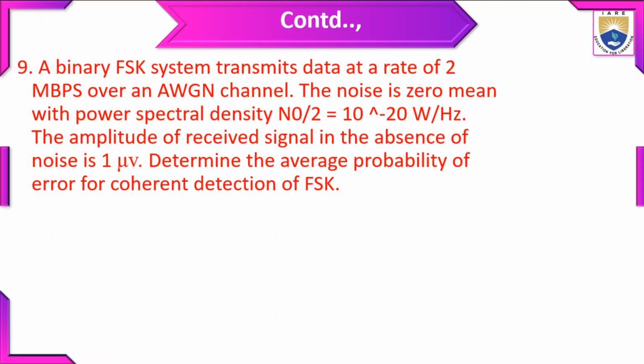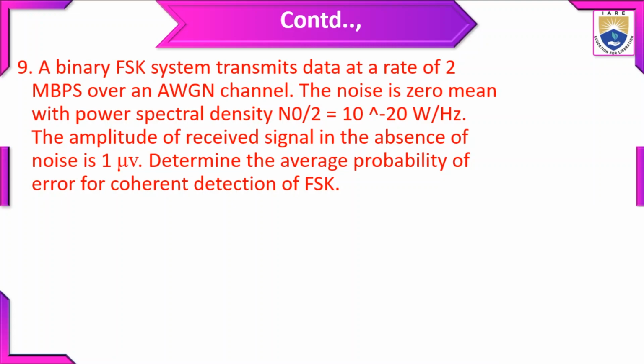The amplitude of the received signal in the absence of noise is 1 microvolt. Determine the average probability of error for coherent detection of FSK. Okay, so this is related to FSK again. So here we know the probability of error.